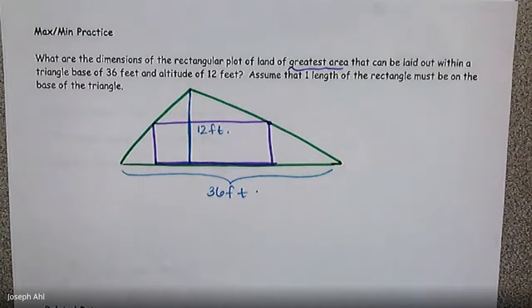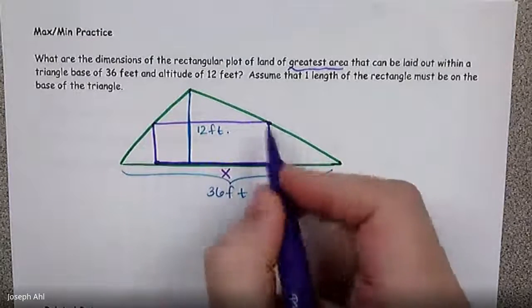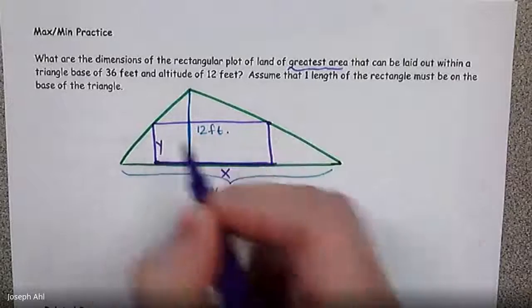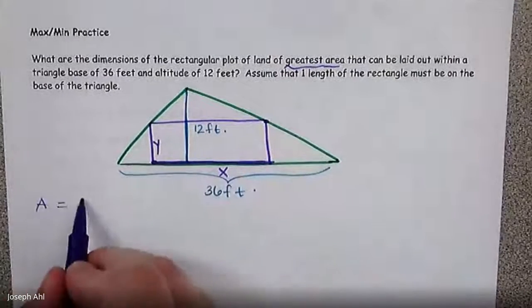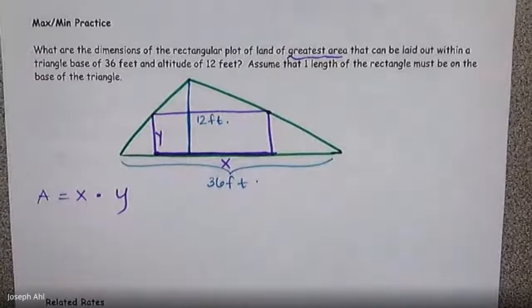Now that we have all this set up, we need to determine an area function to model the area of that rectangle. If we call the base of the rectangle x and the height of the rectangle y, the area is just x times y.